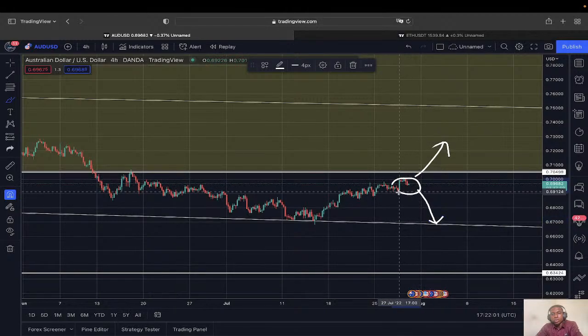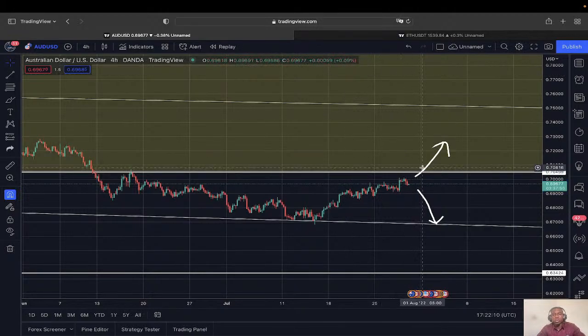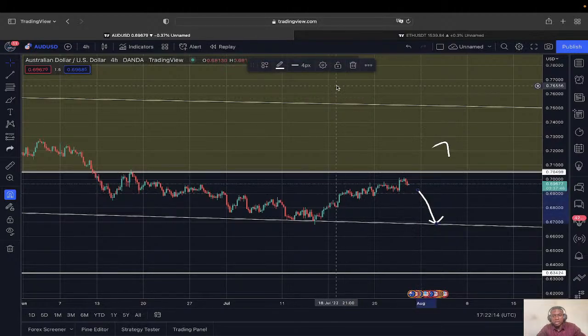That is what would happen in between this place. But from what I'm seeing here, there are two things we would need to watch out for, and these two things are quite simple.